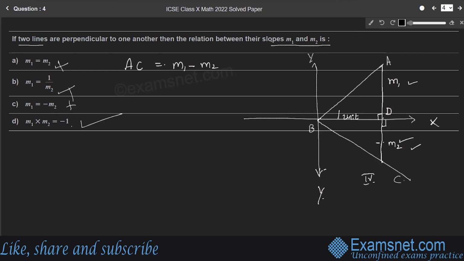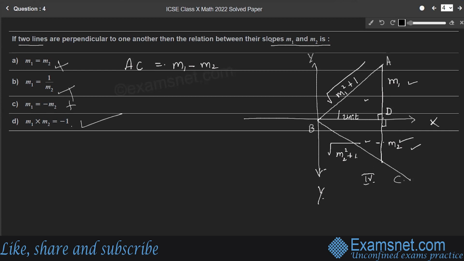So now consider two triangles, ABD and BCD. Apply Pythagoras theorem here. AB value is root of M1 square plus 1, whereas BC value is root of M2 square plus 1.